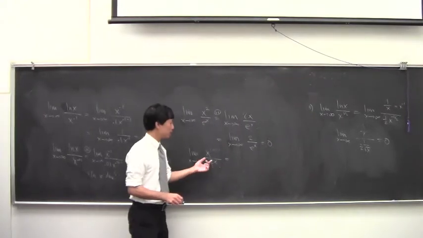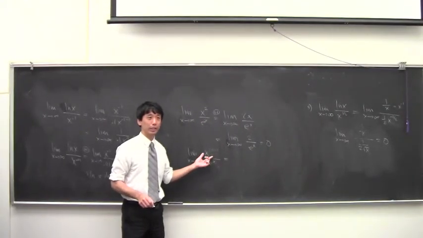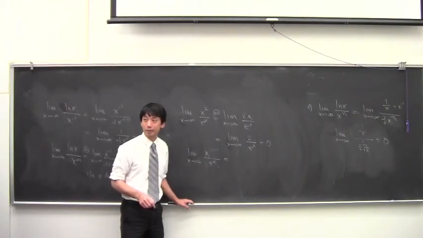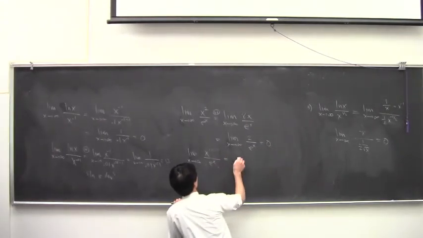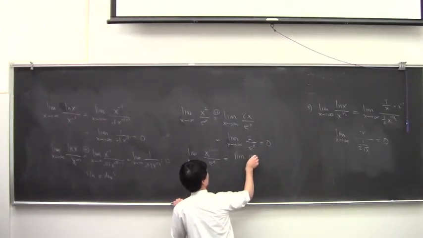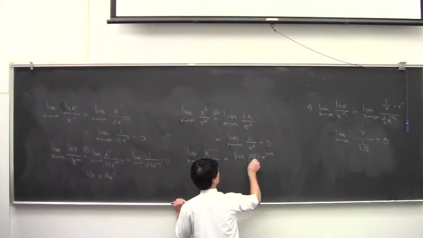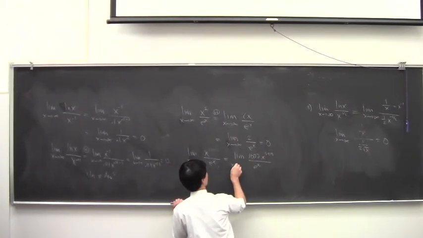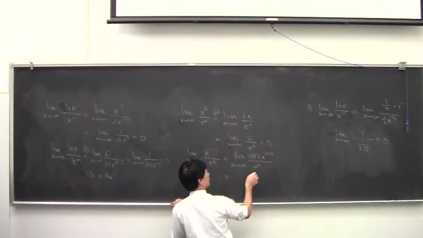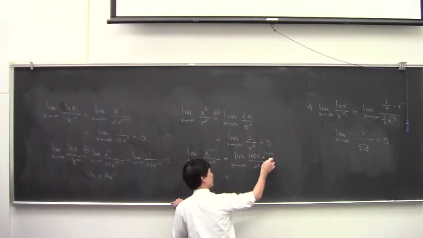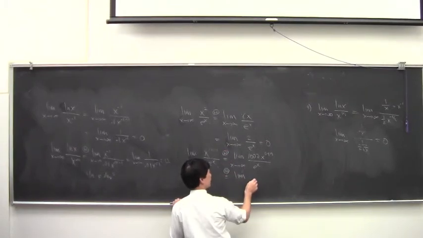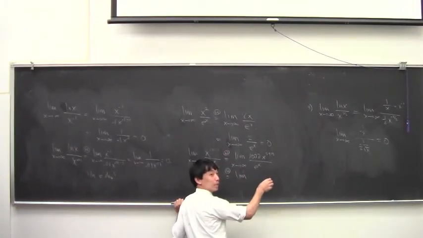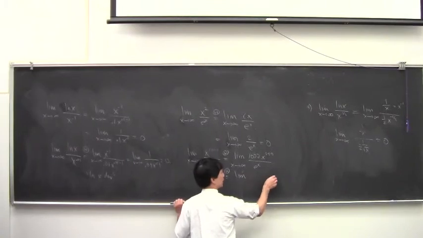So what's going to happen here when we differentiate? We get x to the 1,000 over e to the x, and then we differentiate again. We get 1,000 x to the 999 over e to the x. As x goes to infinity, again we get infinity over infinity. So we differentiate again, and again, and again. We keep going until what happens in the end?